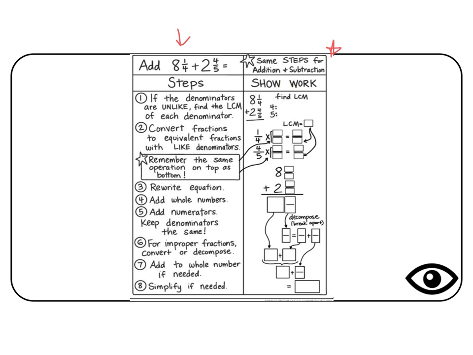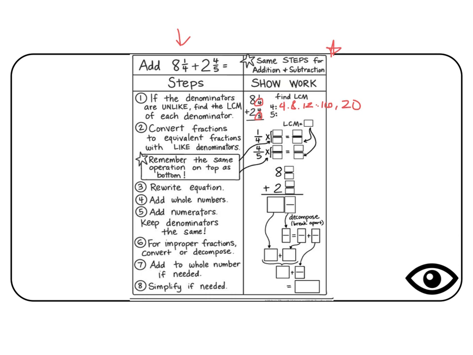So we have the number 4 on the bottom and 5 on the bottom. So we need to find a multiple of 4 and 5. We can count by 4s: 4, 8, 12, 16, 20.